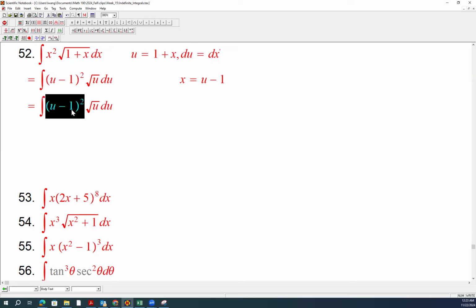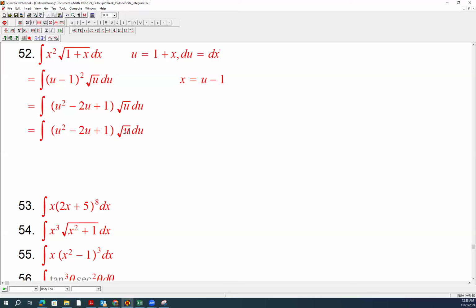So FOIL this part, we are getting u squared minus 2u plus 1. Do we have to do it this way? Yes. And multiply root u with each piece.